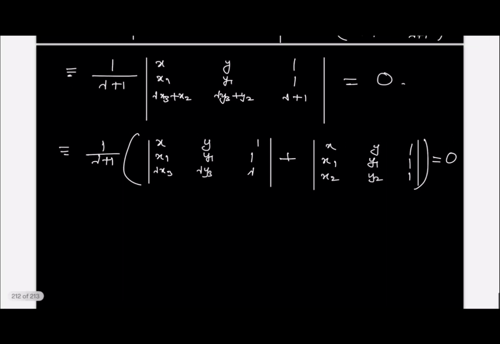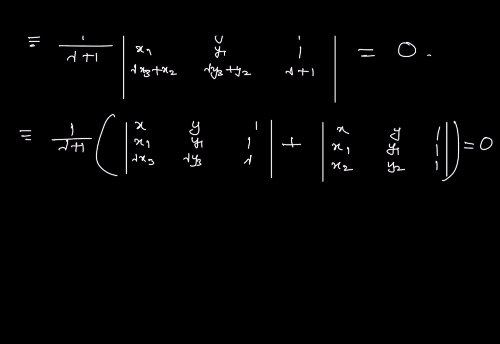Or this lambda can be taken out, and I can write this as lambda times the determinant x y 1, x1 y1 1, x3 y3 1. So this is the equation of the line dividing the base in the ratio lambda is to 1.